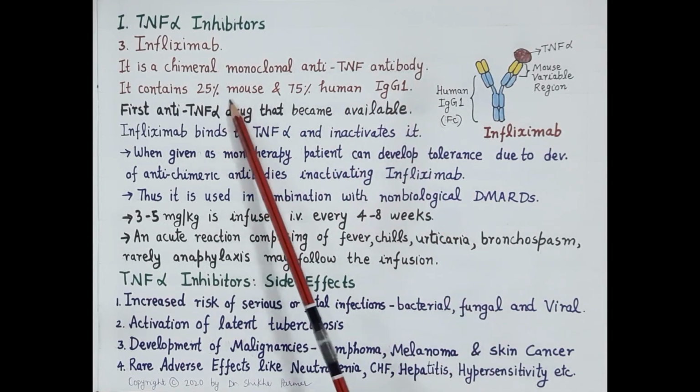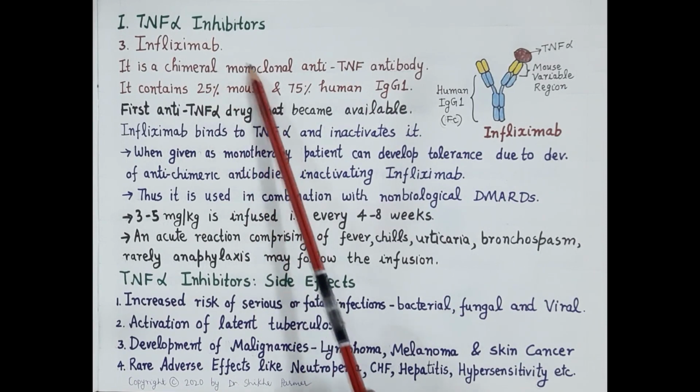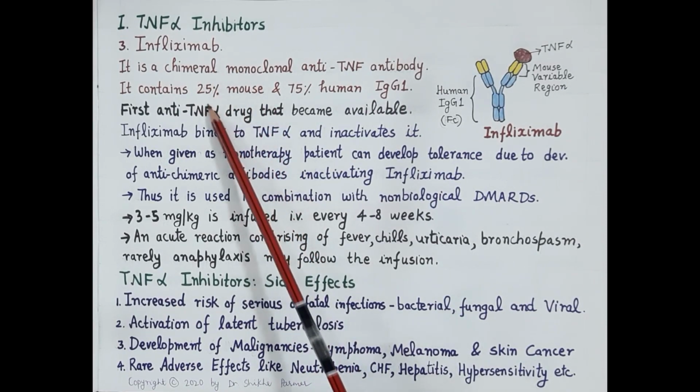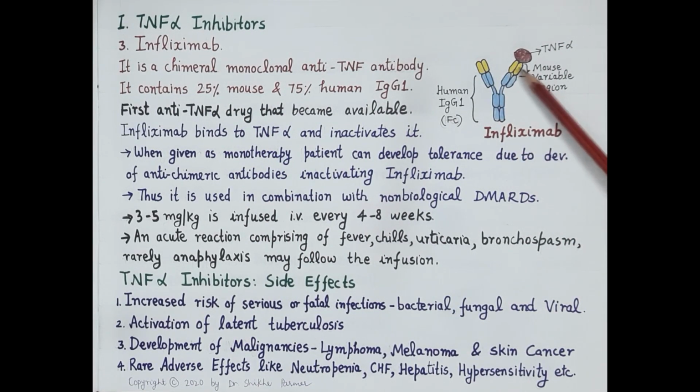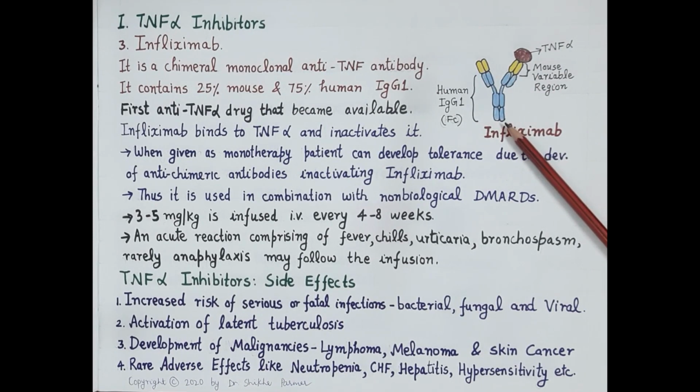Now look at the structure of infliximab. This 25% variable region, shown here in yellow, is derived from the mouse, and the constant 75% region is from the human IgG.